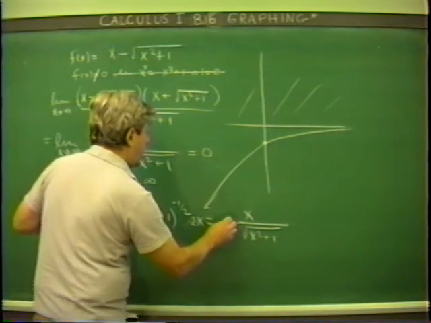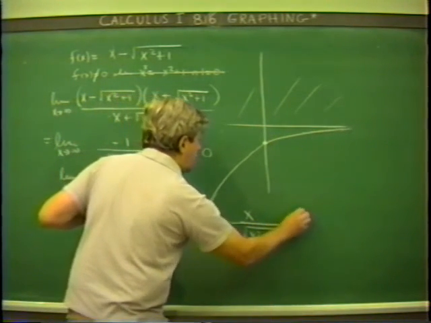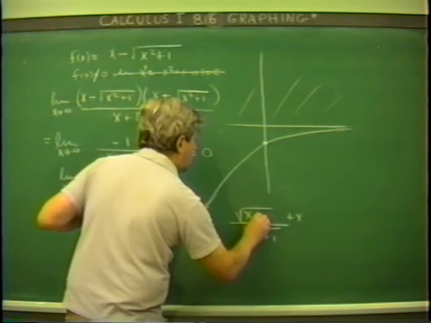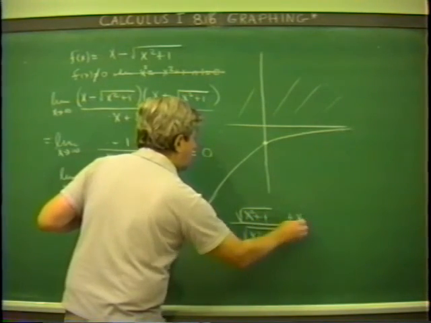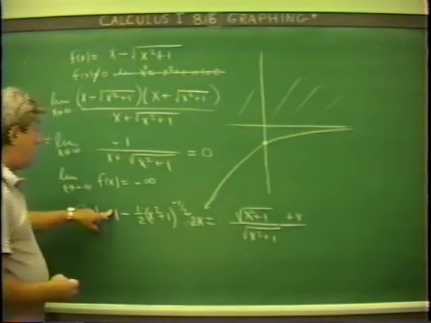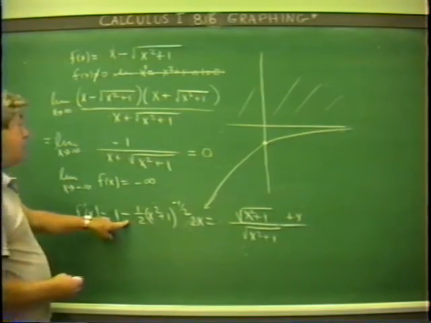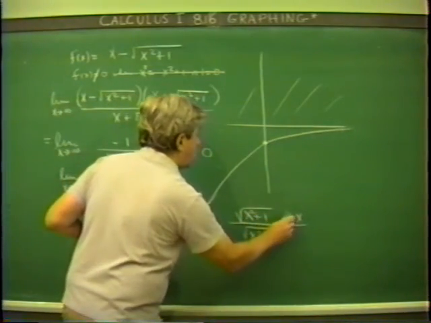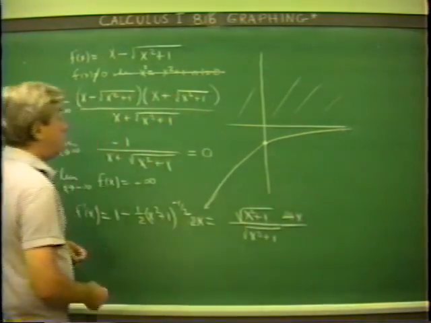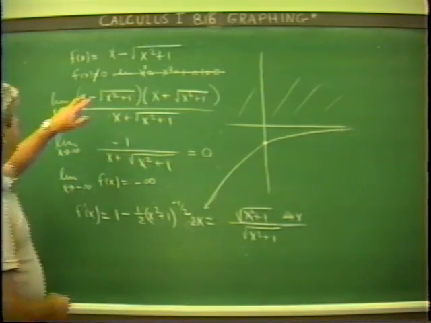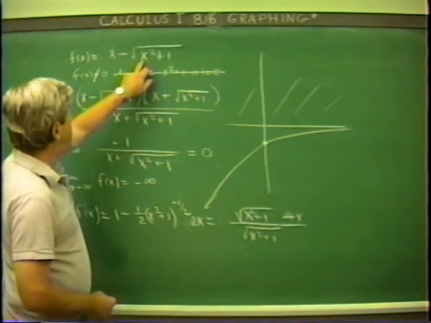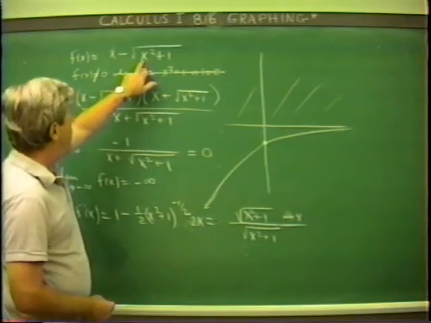All right, and now if I put this 1 over the square root of x squared plus 1, I'll have the square root of x squared plus 1 minus x.